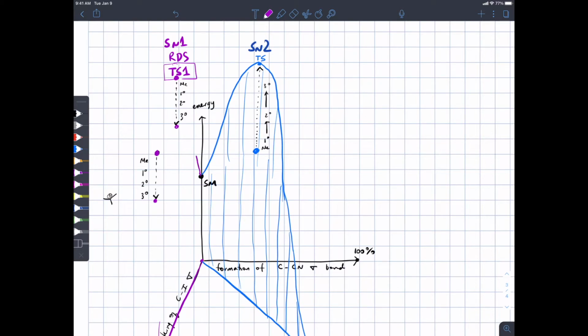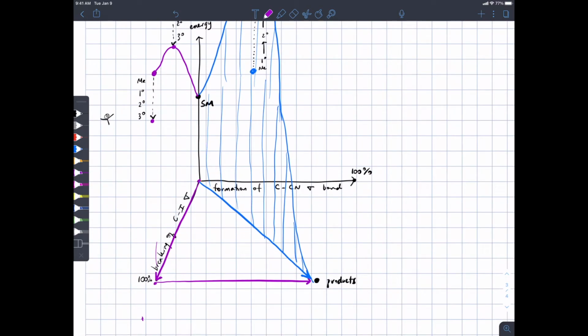So now it's easier to get over the transition state for the SN1 reaction and then downhill to the products.